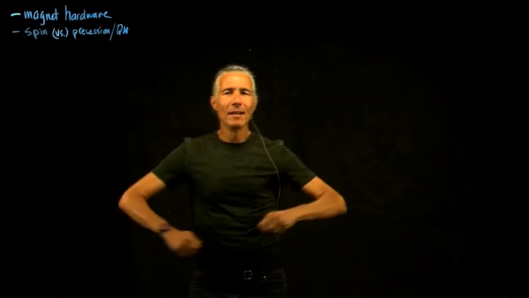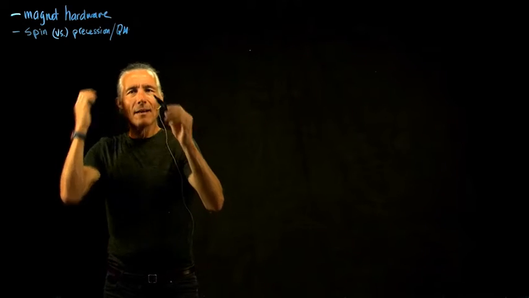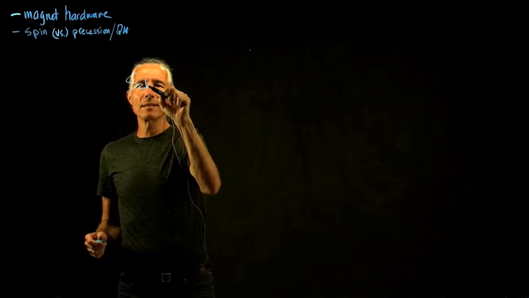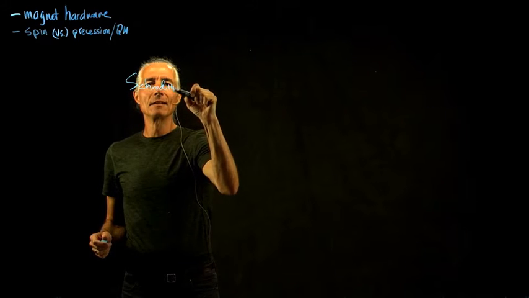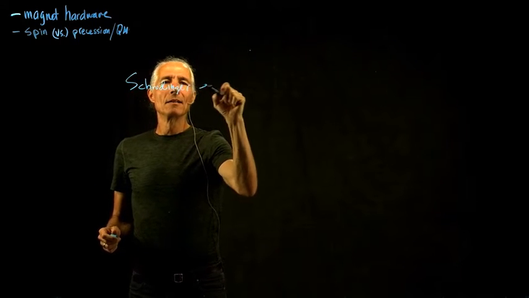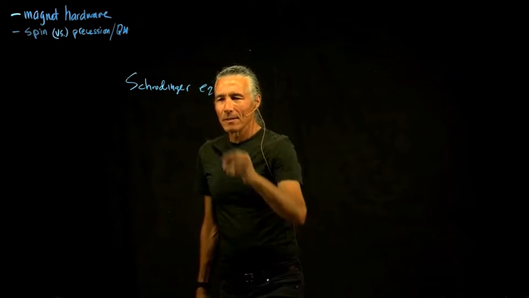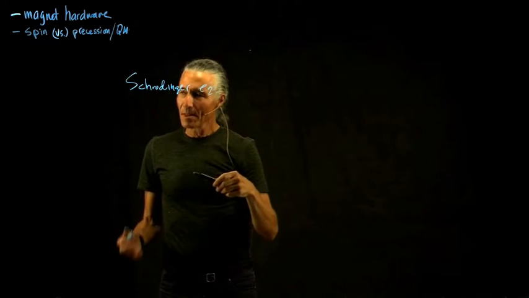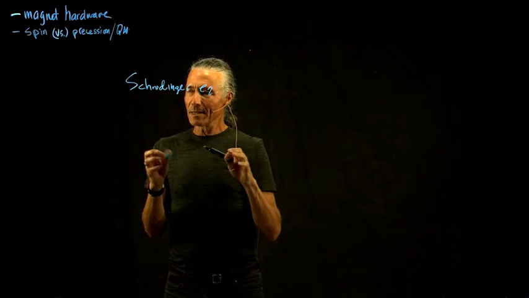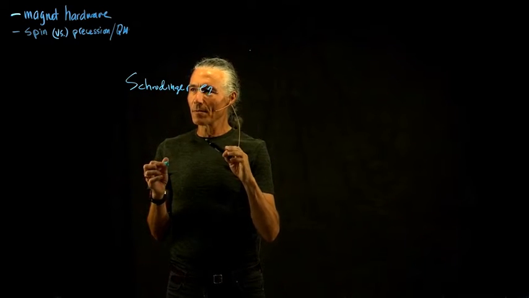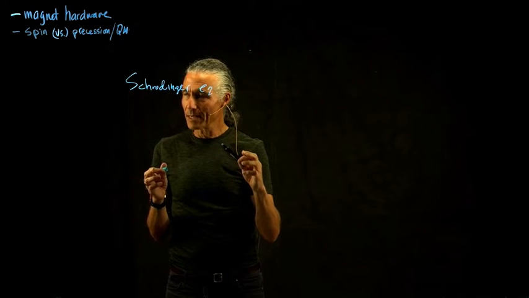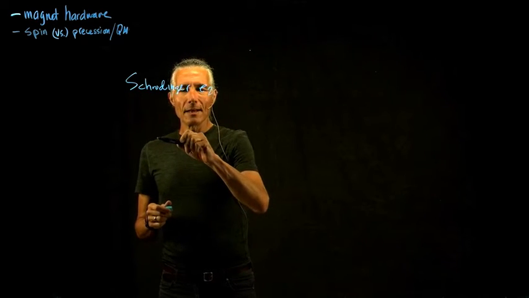Well, the way the theory works, you have something like the Schrödinger equation. You have this differential equation. It sort of tells you how things change over a very small amount of time in space and time. And you solve it.